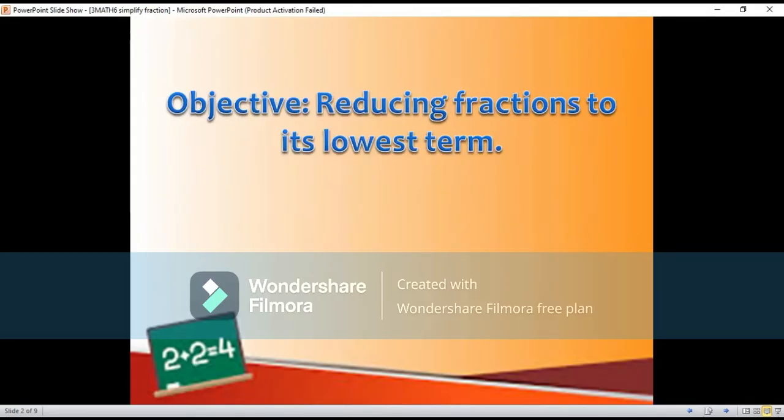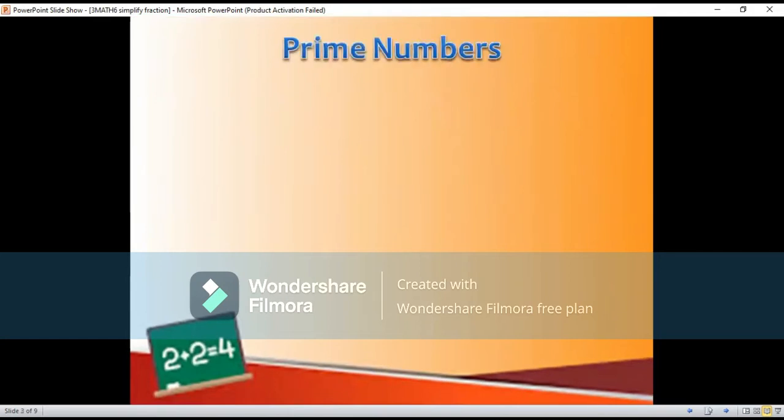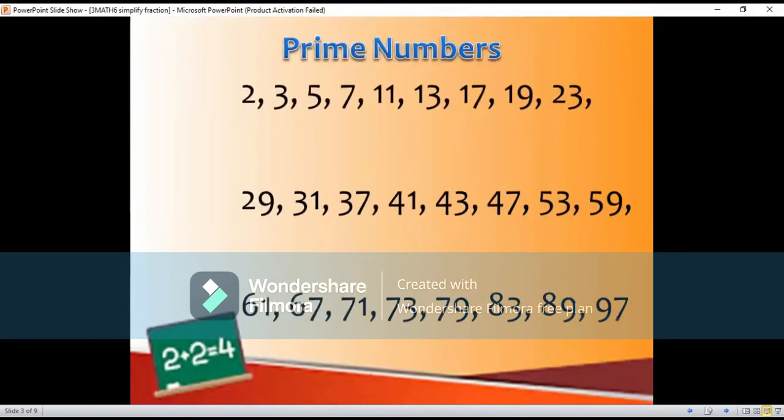As we begin, let us know first the prime numbers. And these are the prime numbers. So let us read first the prime numbers. 2, 3, 5, 7, 11, 13, 17, 19, 23, 29, 31, 37, 41, 43, 47, 53, 59, 61, 67, 71, 73, 79, 83, 89, and 97.